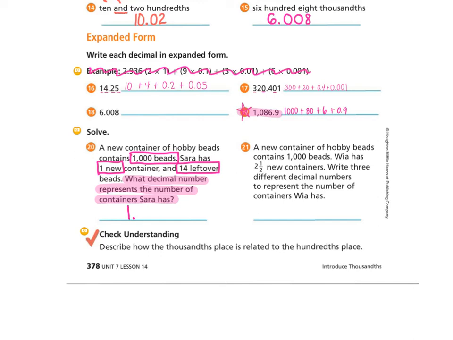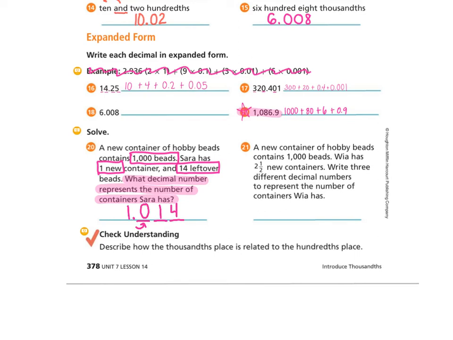I know I want my 14 to end in my thousandths spot, so I'm going to make little tabs. Tenths, hundredths, thousandths. Now I need to write 14, so my 4 ends up in my thousandths spot. That means I need to hold this place. How do I hold a place again? Oh yeah, I put a 0 in there. The decimal number that represents the number of containers Sarah has is 1 and 14 thousandths.